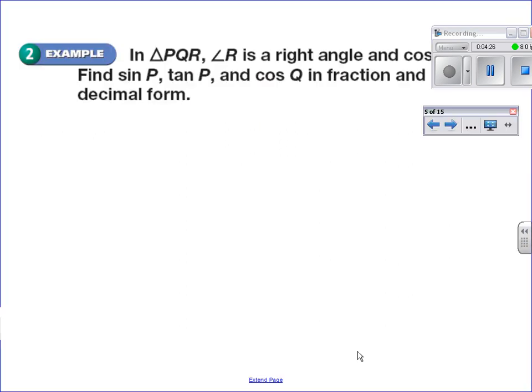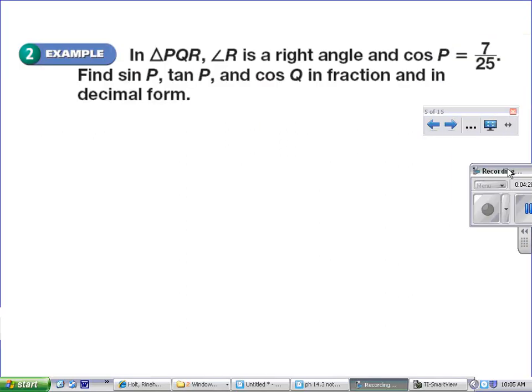Now let's look at a triangle here. We need to be able to draw these triangles. So triangle PQR. It doesn't matter how you scale it.